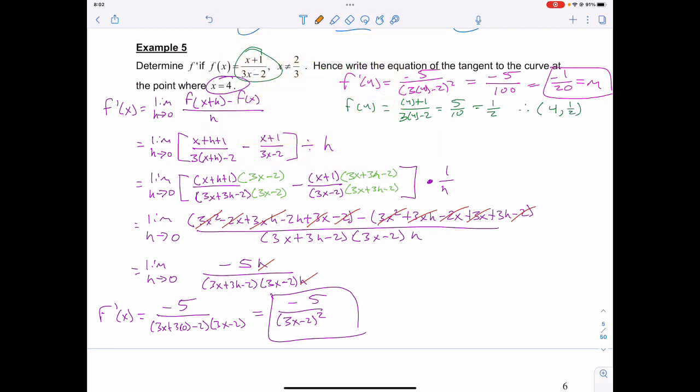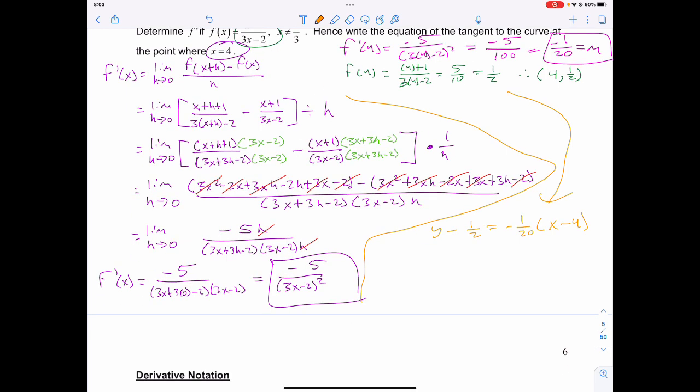And what do we do with this? We put it in slope point form. So let's block this off. And we're just going to carry this information down and say that I have y minus y1, or 1/2, is equal to the slope, -1 over 20, bracket x minus 4. This is going to give me y minus 1/2 is equal to -1 over 20x plus 4 over 20.